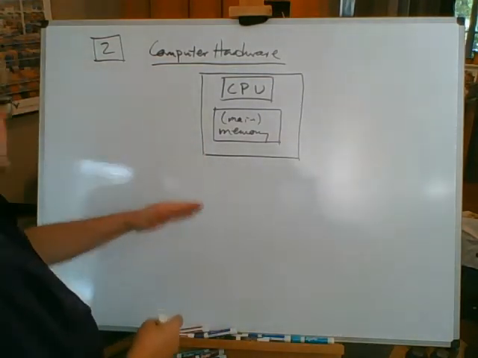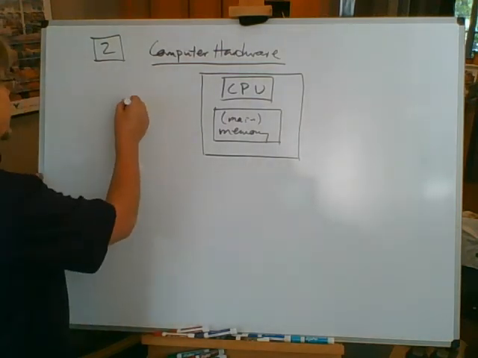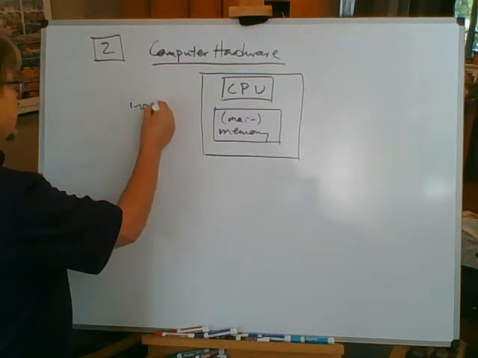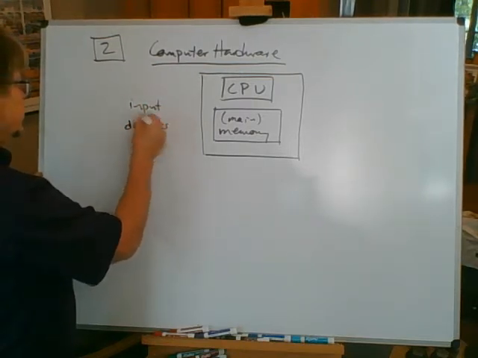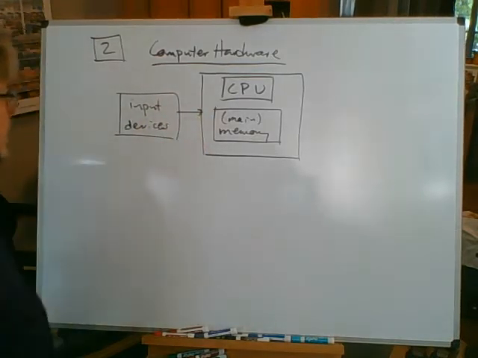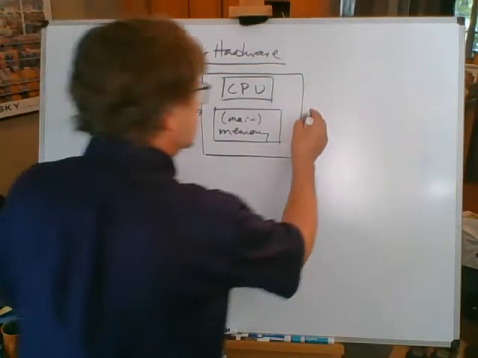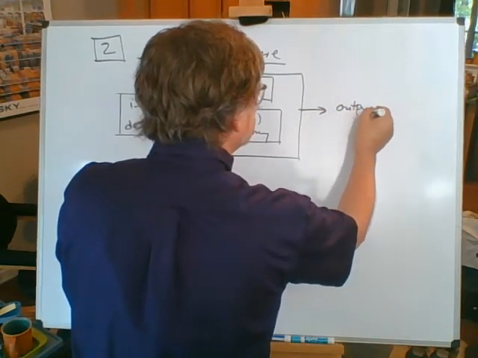Now, coming in from the left, I hope this is from the left in the video, we got our input devices in a box of their own. With an arrow going one way from the input devices to the CPU and the main memory, and squirting out the other side, output devices.